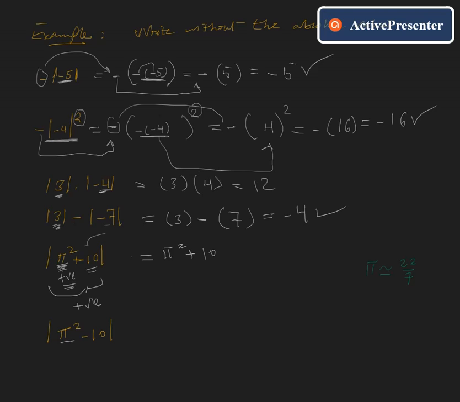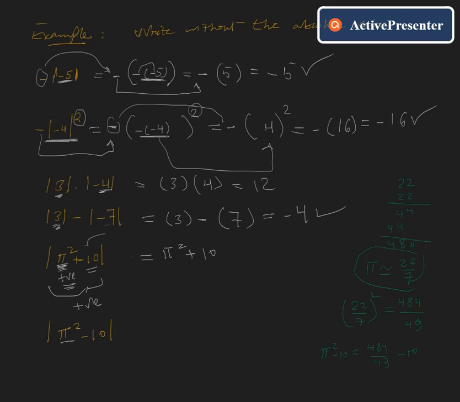So if we say 22 over 7 squared, this number should be 484 over 49. So pi square minus 10 is approximated as 484 over 49 minus 10.